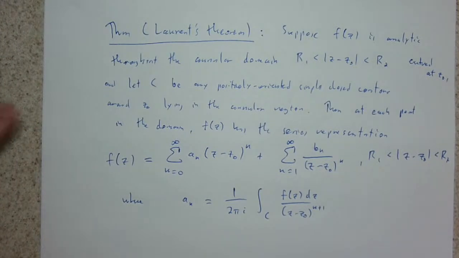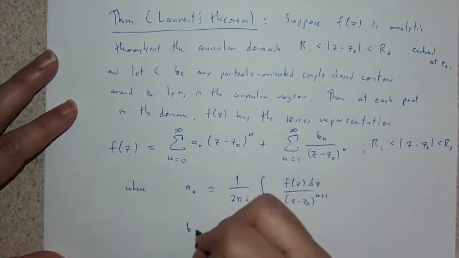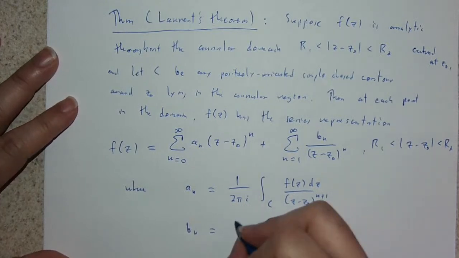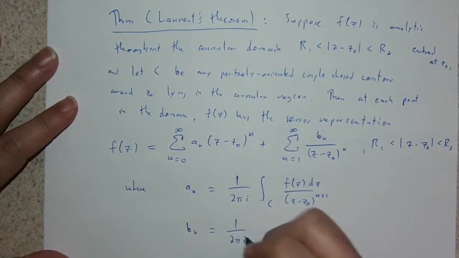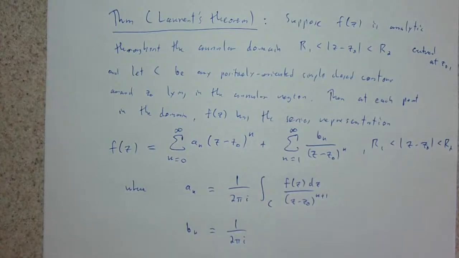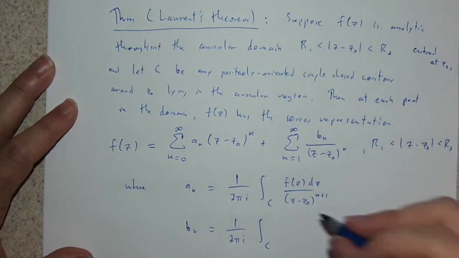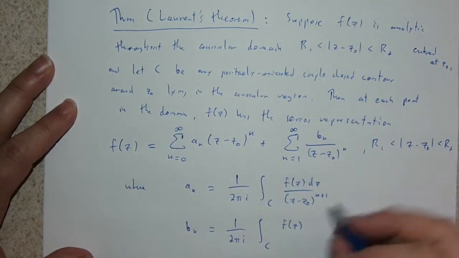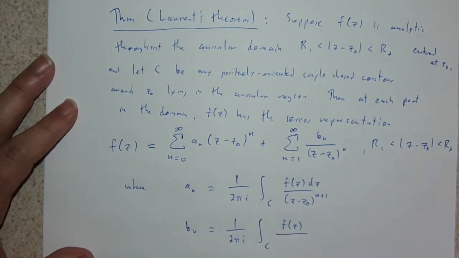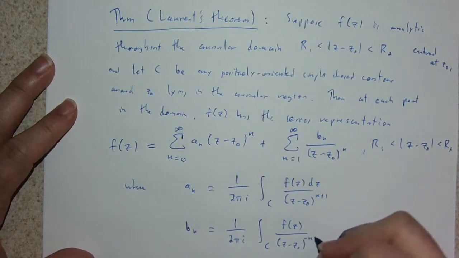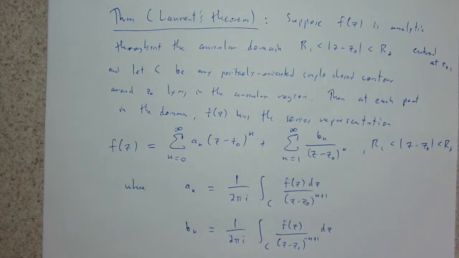Okay, and b sub n is 1 over 2 pi i times the contour integral of f of z over z minus z naught to the minus n plus 1 dz. Okay.